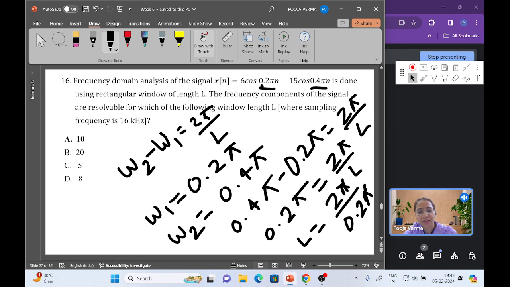Pi will be cancelled, then we will get 10. The window length will be 10. Okay, so option A is the correct answer because option A matches this answer.